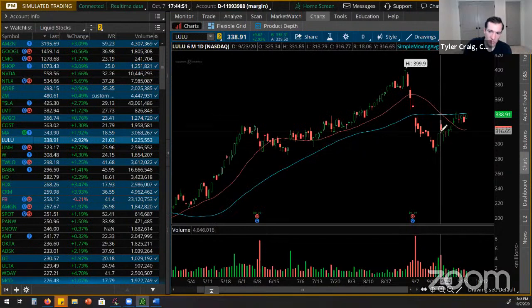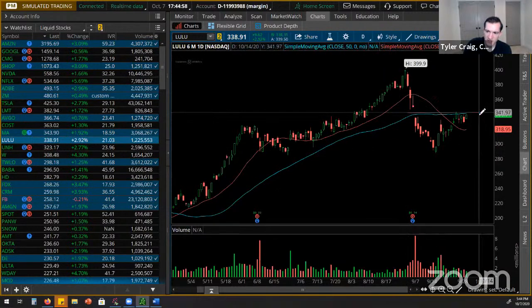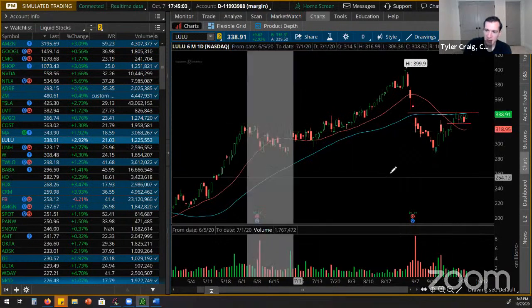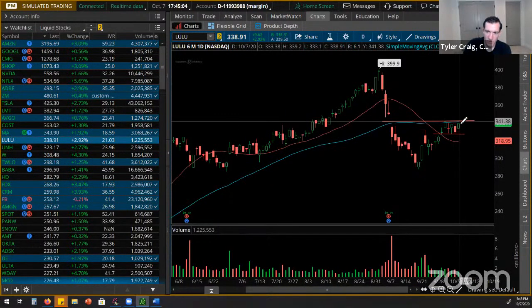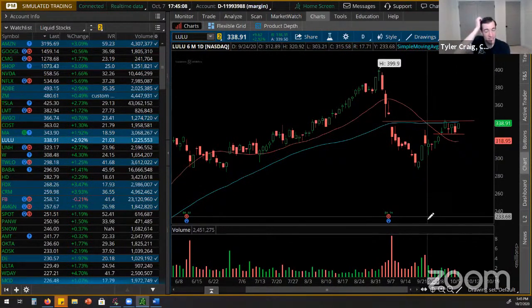But did it recently make a nice advance? Yes. Is it basing near resistance? Yes. Could that be a potential breakout candidate over the 50-day moving average? Yeah, maybe. That's actually a nice little base there.